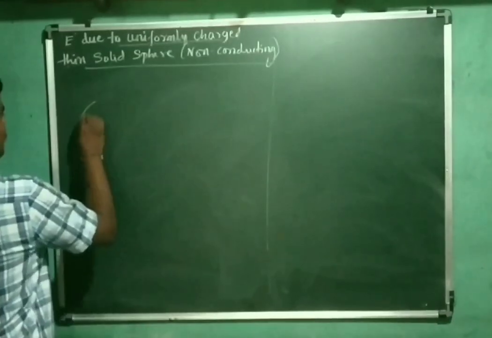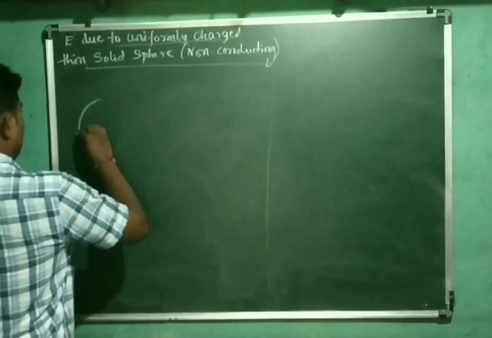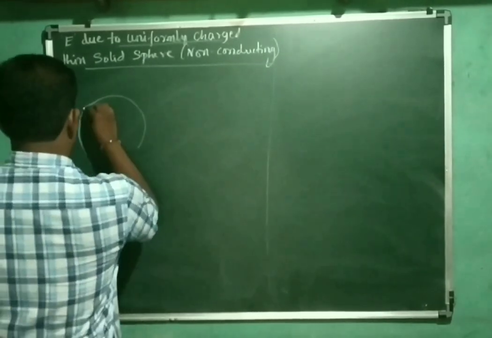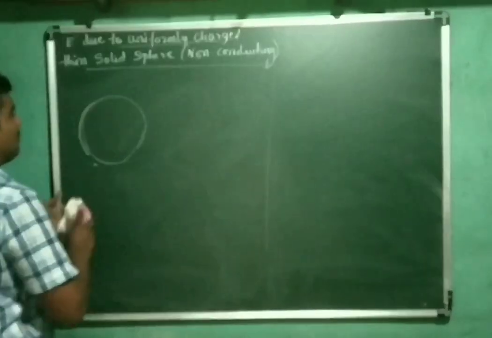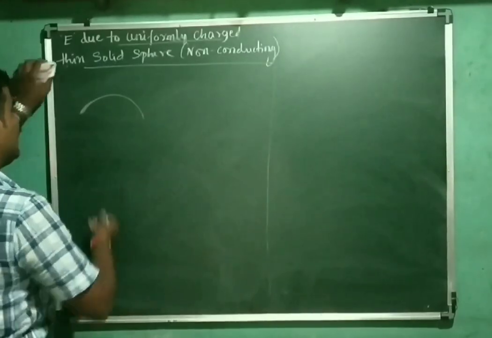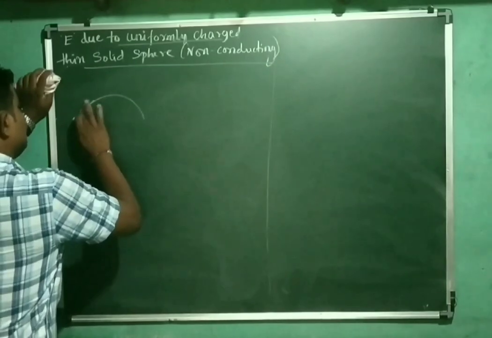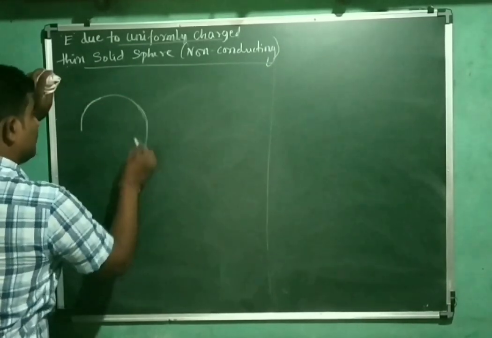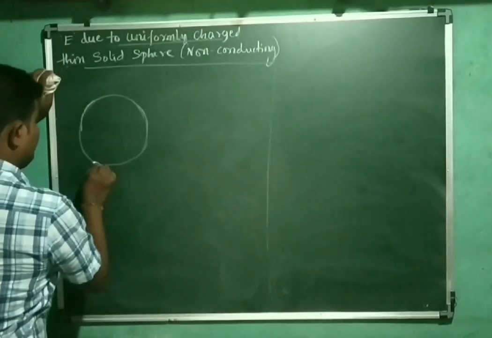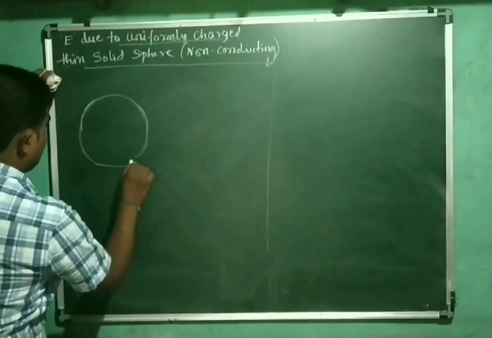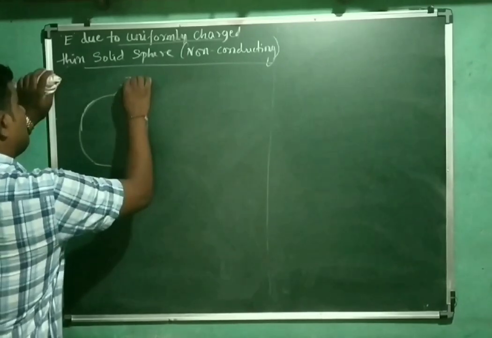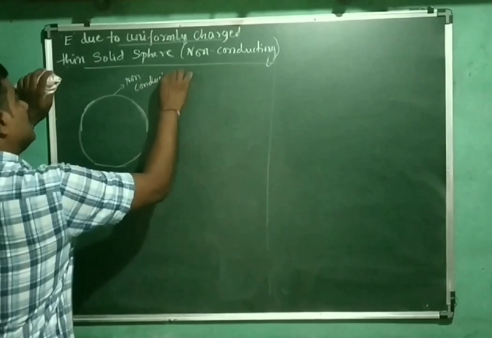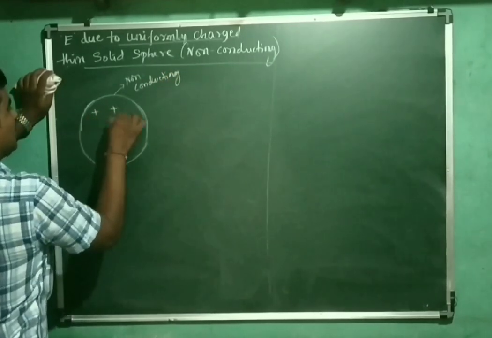For this, once again we shall consider a solid sphere. If it is a solid sphere, all the charges will locate inside the sphere only. They do not come outside or on the surface of the sphere. It is non-conducting actually. So charges locate inside only.